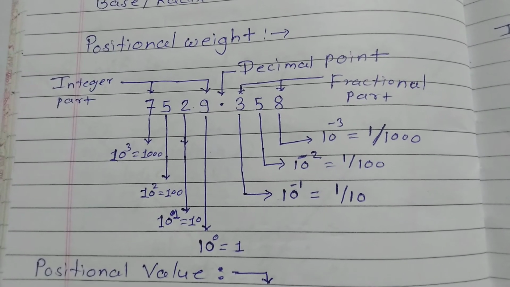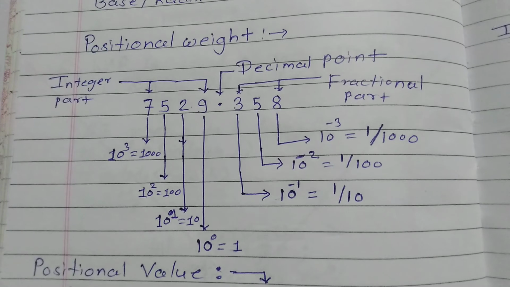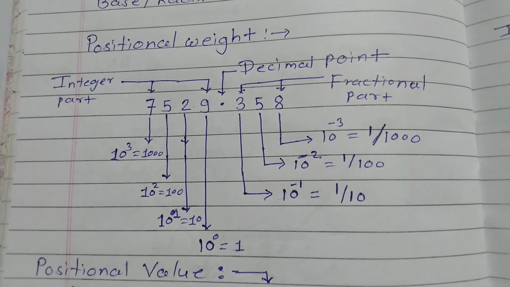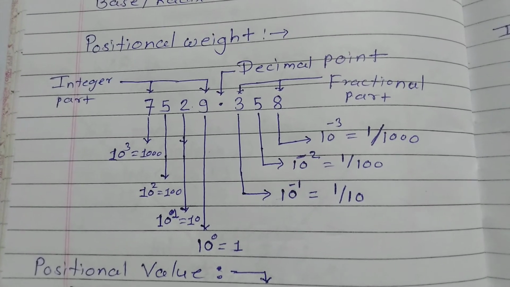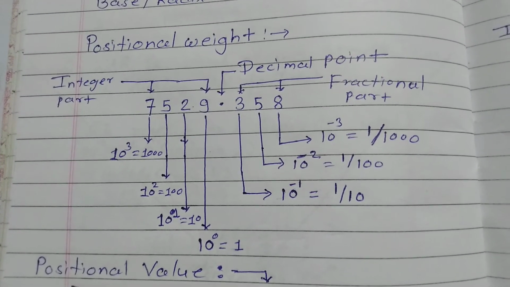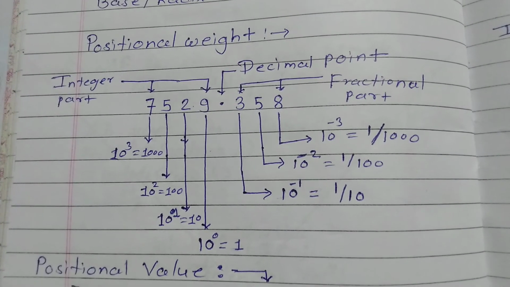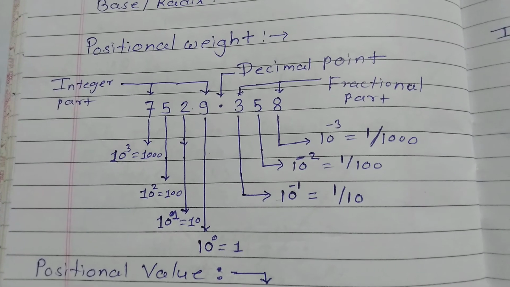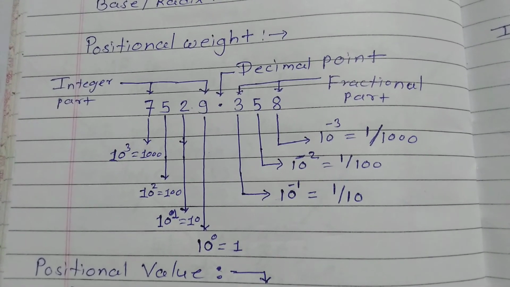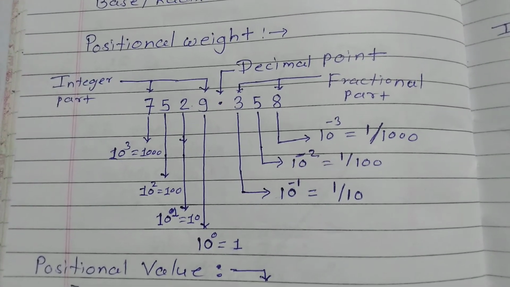Similarly, the number 5 has a positional weight of 10 to the power 2, that is 100. And the last number 7 is the most significant digit, and 10 raised to 3 is its positional weight, that is 1000.